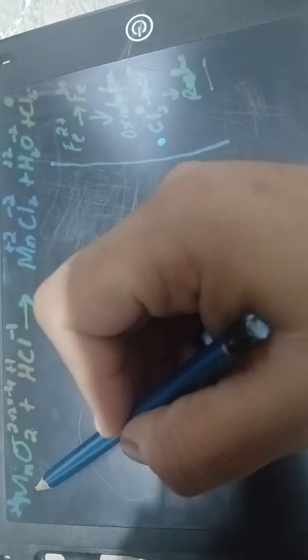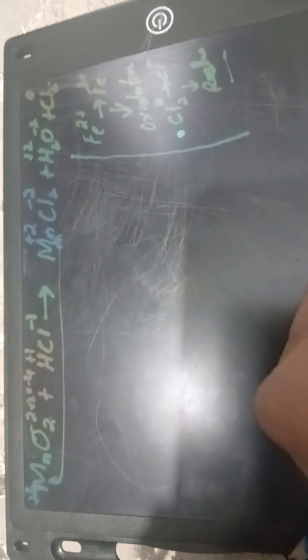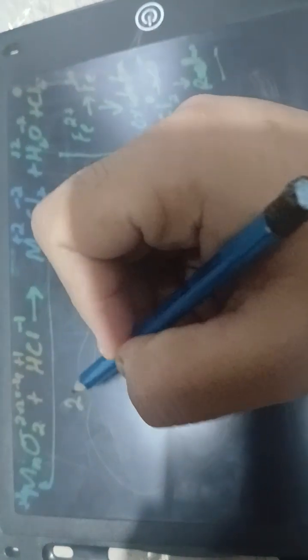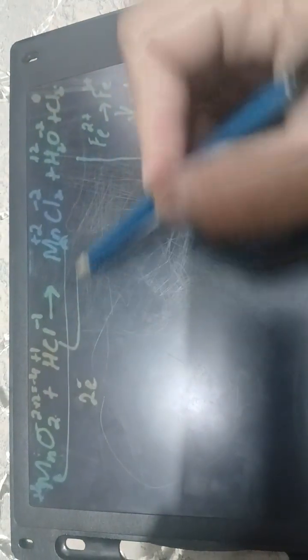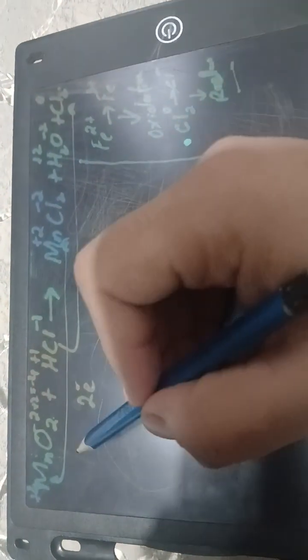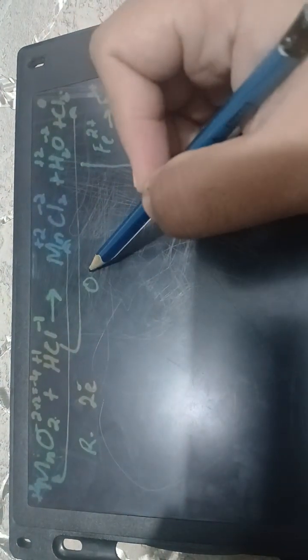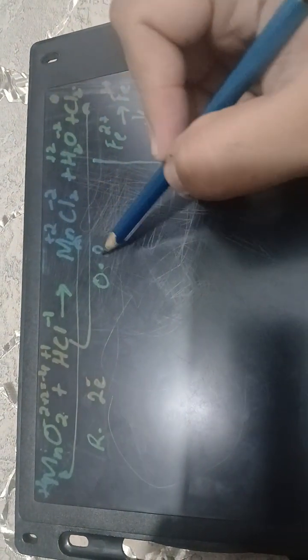As manganese has a +4 oxidation state and in the product it becomes +2, as the oxidation number is decreased, it means that manganese is reduced by 2 electrons. Similarly, chlorine has a -1 charge and there chlorine has 0 charge, so chlorine is oxidized by 2 electrons.